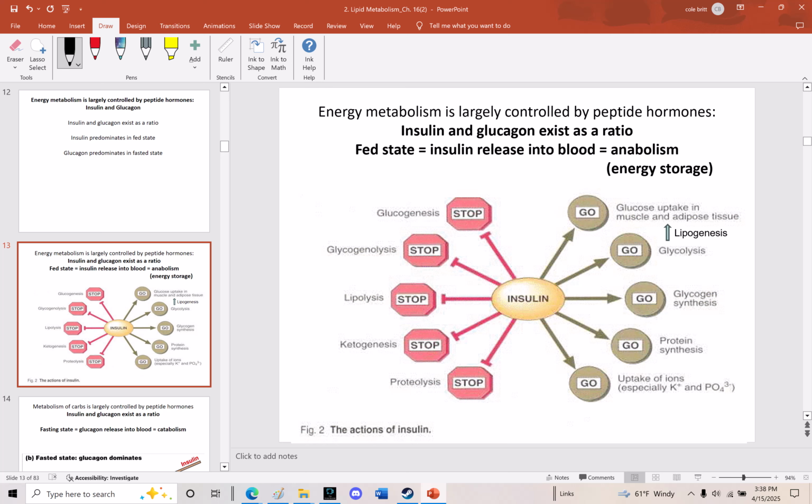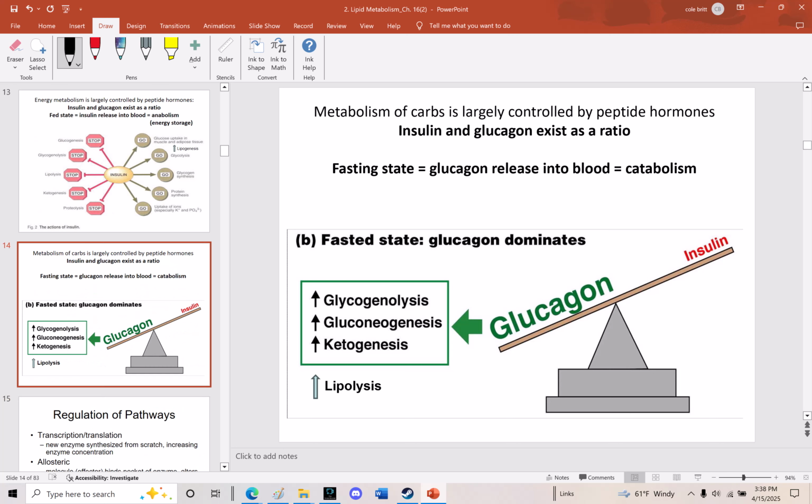So you're going to break down glycogen, you're going to make new glucose, you're going to make new ketones, and you're going to break down lipids. And I could also add here beta oxidation. Technically, lipolysis and beta oxidation are two different things, but all of this is going to dominate in the fasted state.